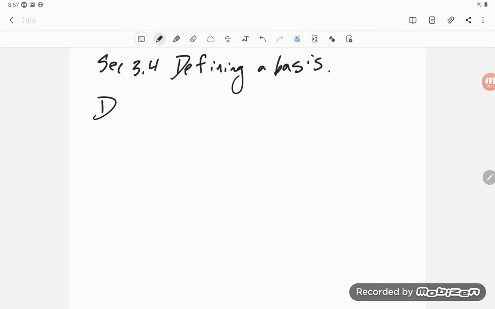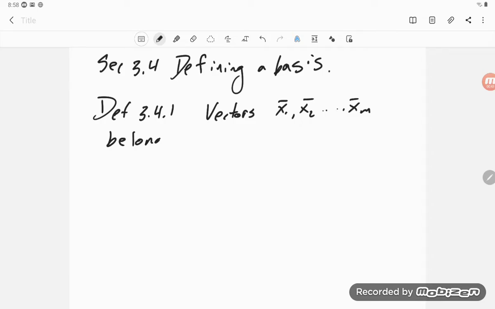Okay, so our definition, and they call it definition 3.4.1, is that vectors x1, x2, up to some xm belonging to, they use subspace.